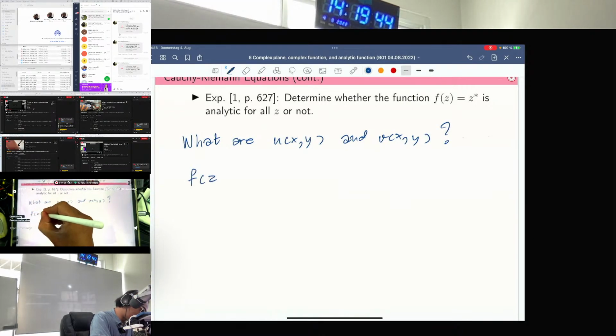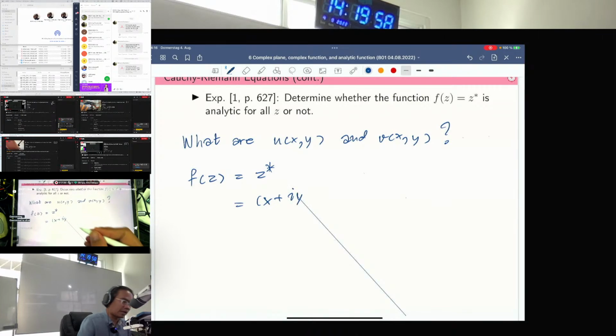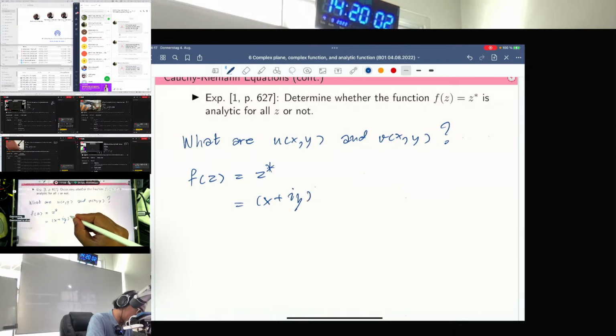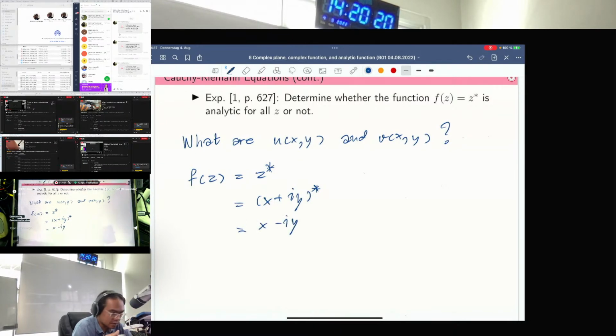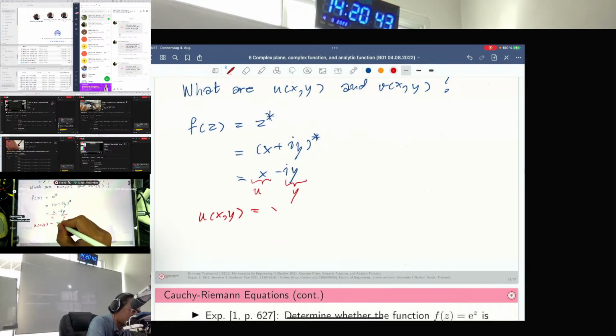So if z star is, z is x plus iy, so z star is equal to x minus iy. So what is u and what is v then? You can see that this is u and this is y, so u(x,y) is equal to x and v(x,y) is equal to y.